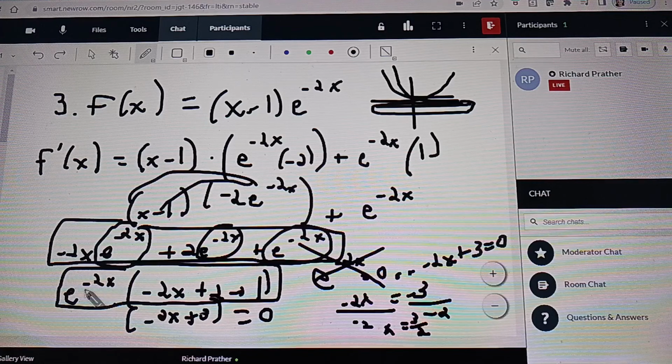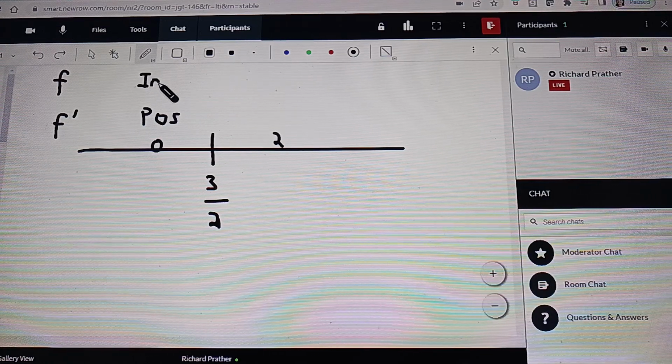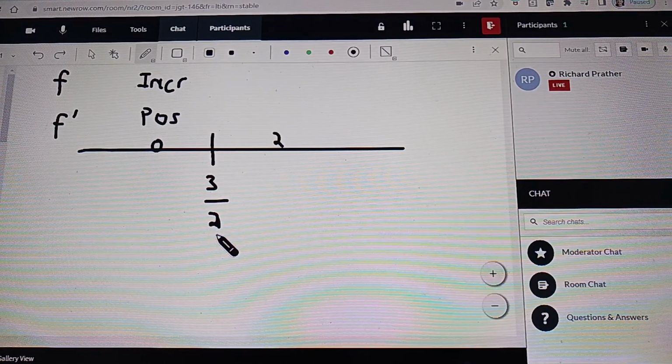E to the 0 is 1. And this will be 0, so you'll just get 2 plus 1, which is 3. So the derivative is positive 3 when I plug 0 in. So the graph is increasing at first. It'll increase from negative infinity all the way till 3/2.